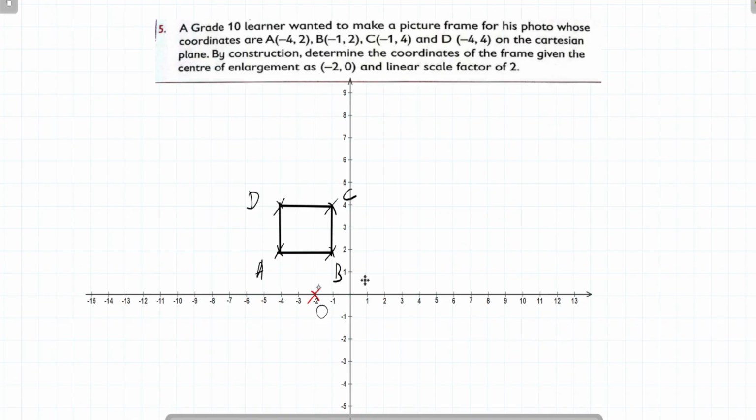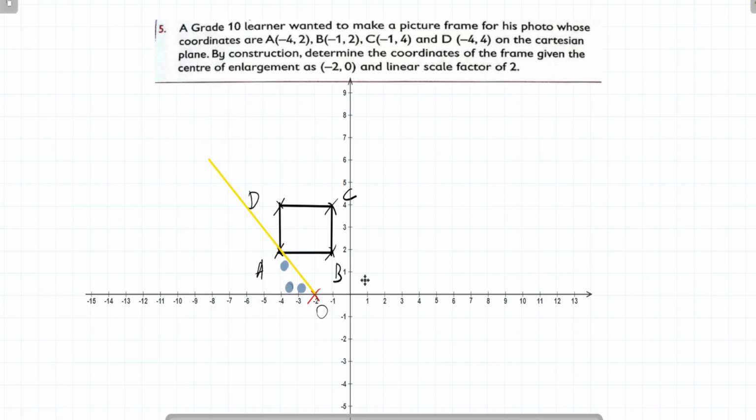From the center to the object, so let's extend it to here. But now again let's count it. So when we count, scale factor of 1 is 1, 2, then going up again 2.